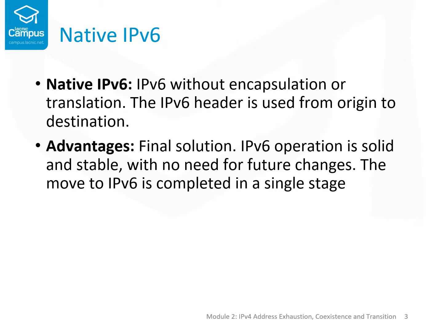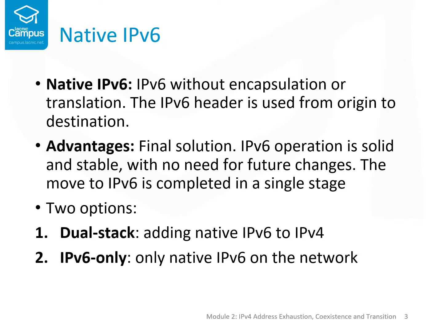On the other hand, this approach requires that all the elements involved in packet routing across the network support IPv6, which is not always the case. There are two options for deploying native IPv6: dual stack, where IPv4 and IPv6 are used in parallel, or IPv6 only, where the network only uses IPv6.